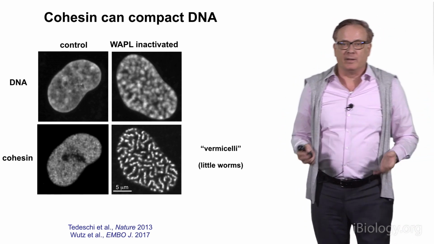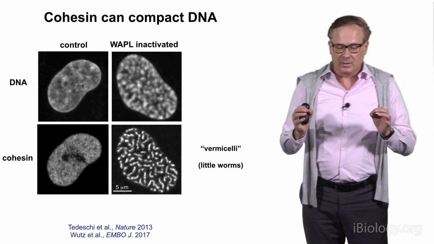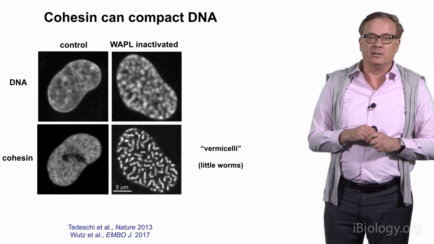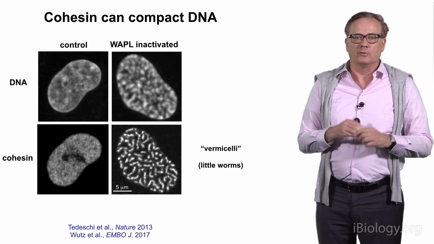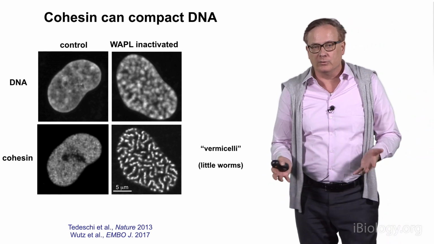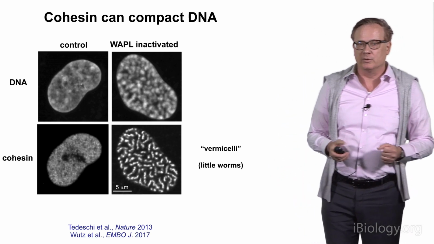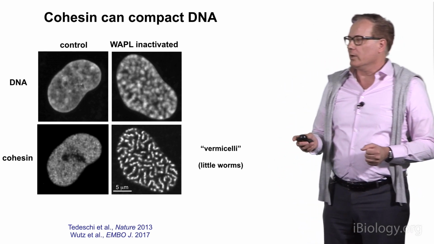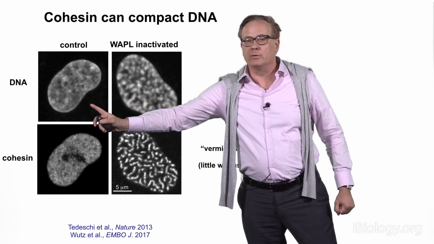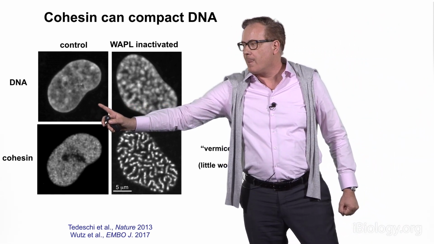But what we had not expected was that these changes would have dramatic effects on chromatin structure and also on the localization or the distribution of cohesin within the nucleus. And that's shown on this slide, where on the top you can see a mammalian cell nucleus stained with DAPI, so the DNA is stained.